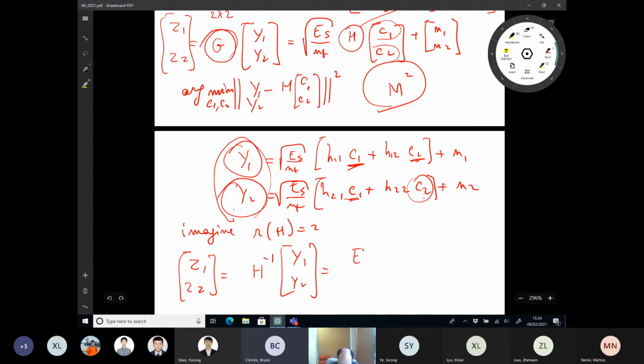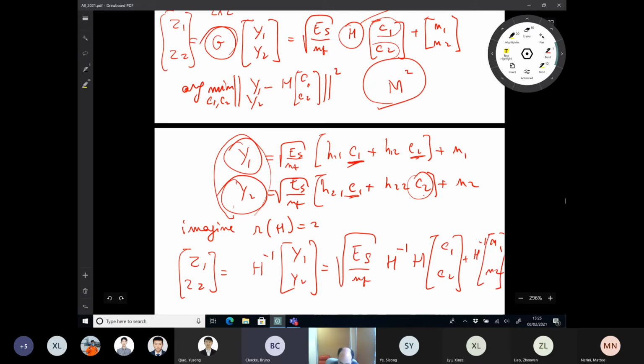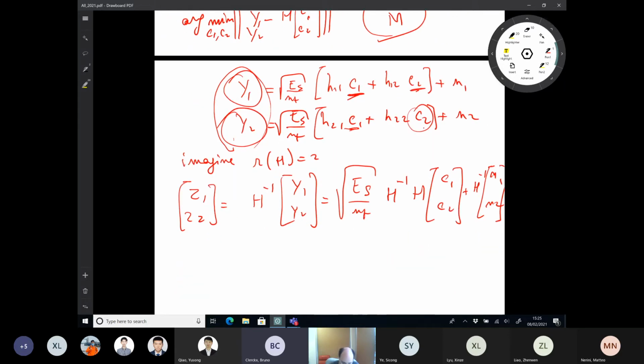What will that mean? That means that we're going to have Es over Nt, H minus 1 multiplied by H, C1, C2, plus H minus 1, N1, N2. Right, that's cool, because now I have Z1, Z2. What is this here? This is an identity matrix.